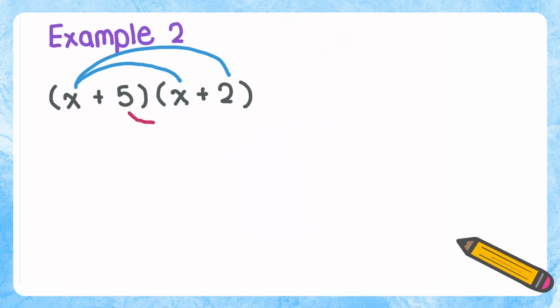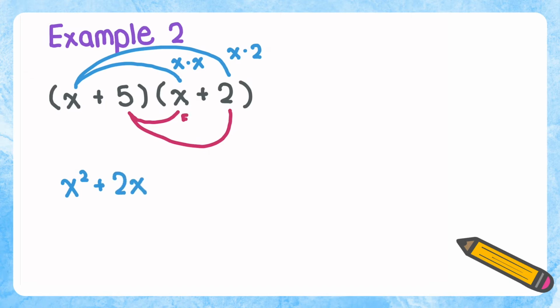And don't forget that we also have to distribute the 5 to the x and the 2. So let's look at the blue arrows. We have x times x and also x times 2. So let's rewrite that as x squared plus 2x.